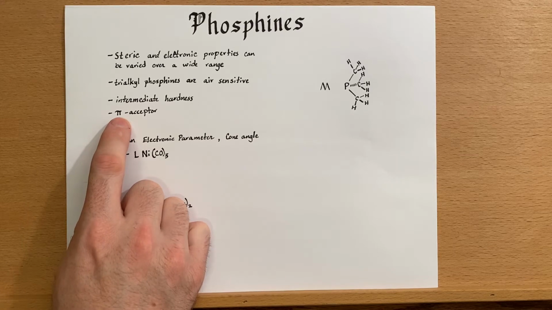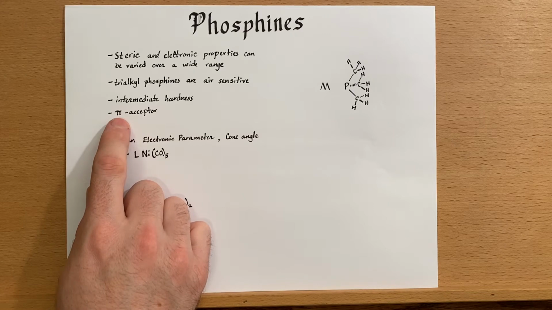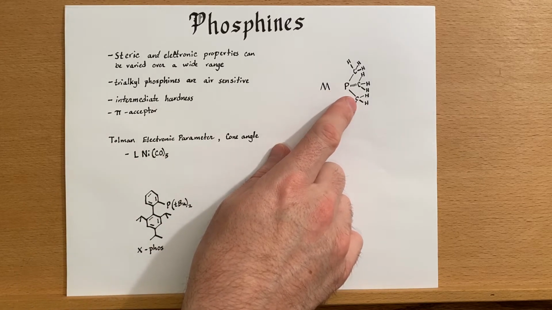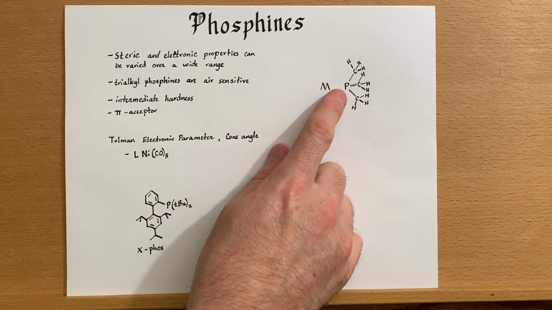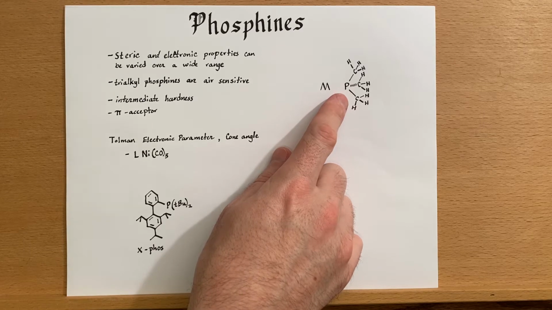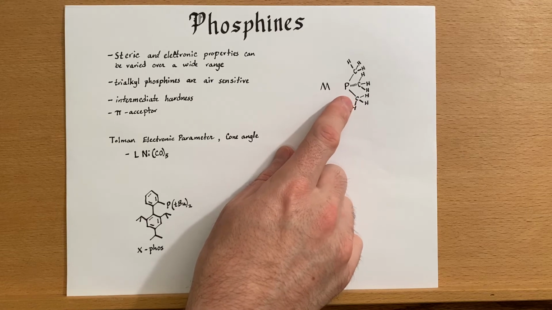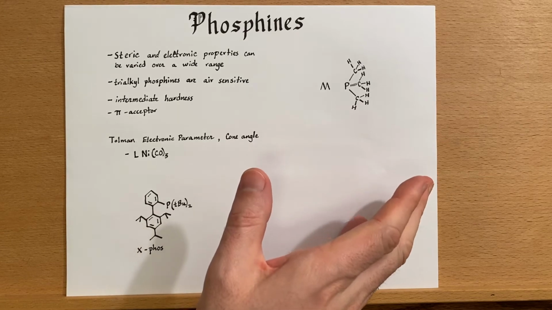And they have some pi acceptor abilities. These can be increased by having electron withdrawing groups on the phosphorus, or decreased by having electron donating groups on there. And this can really come from the carbon and phosphorus bond, or the bond within the ligand, and not so much directly from the phosphorus as that pi donation, because some of those orbitals on the phosphine do line up with the metal d orbitals in a more pi fashion.